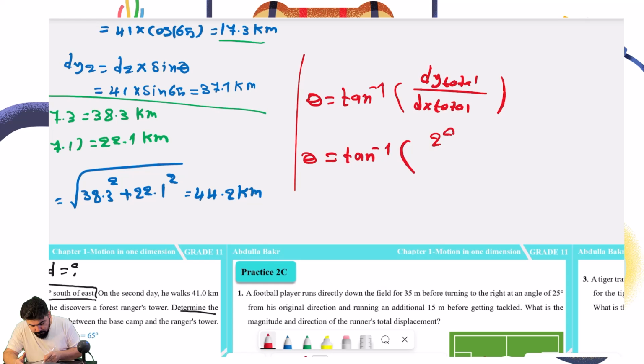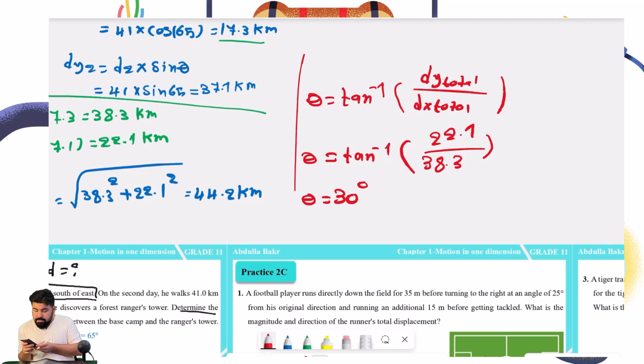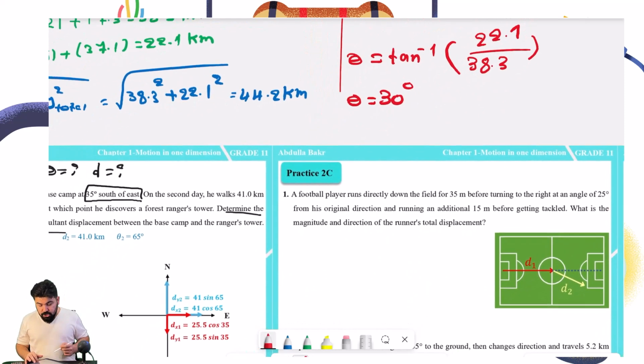So 22.1 divided by 38.3. Okay, let's make sure. Yeah, we have 29.9. This is question 1.